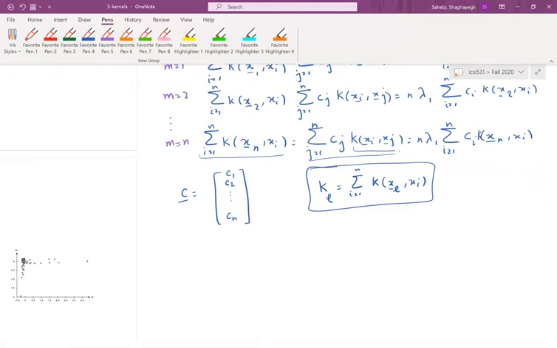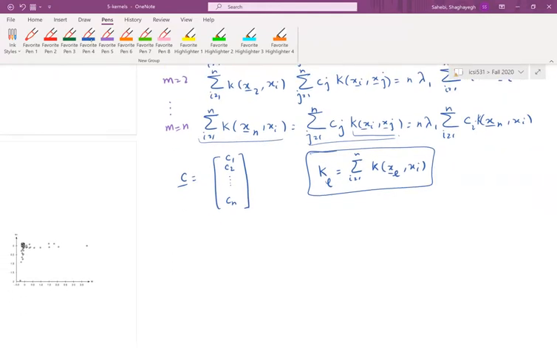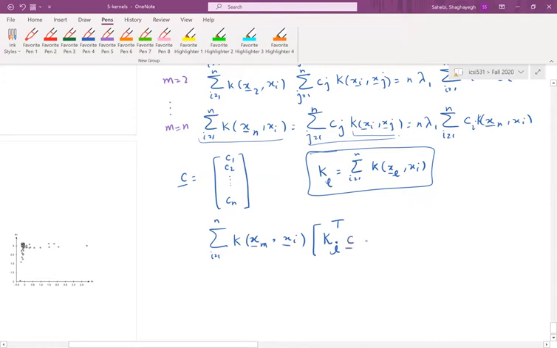I can say that the summation i equals 1 to n, k(xm, xi), k sub i transpose my vector c there, is equal to n lambda 1, k sub m transpose c.